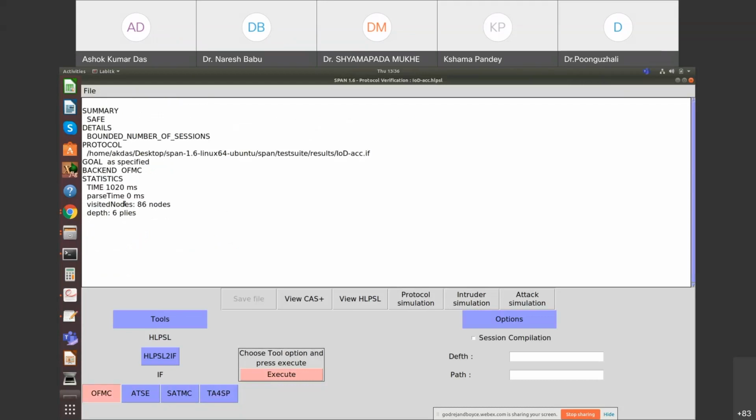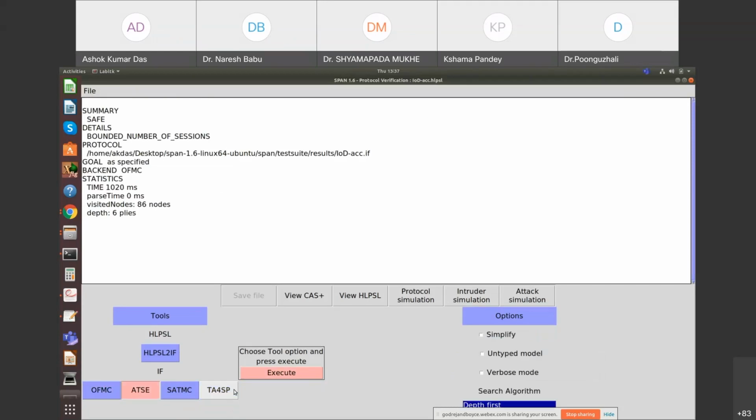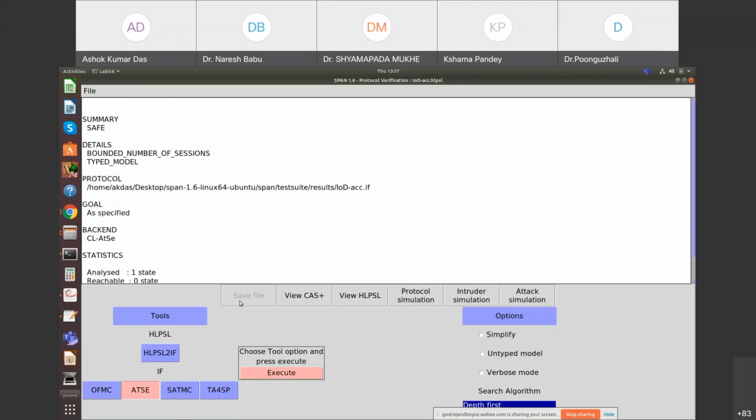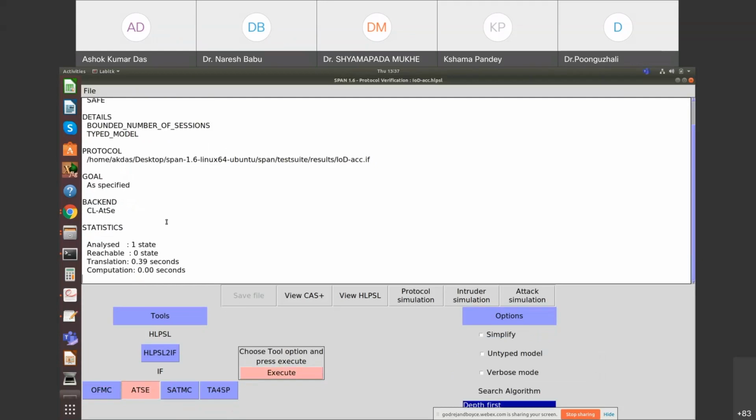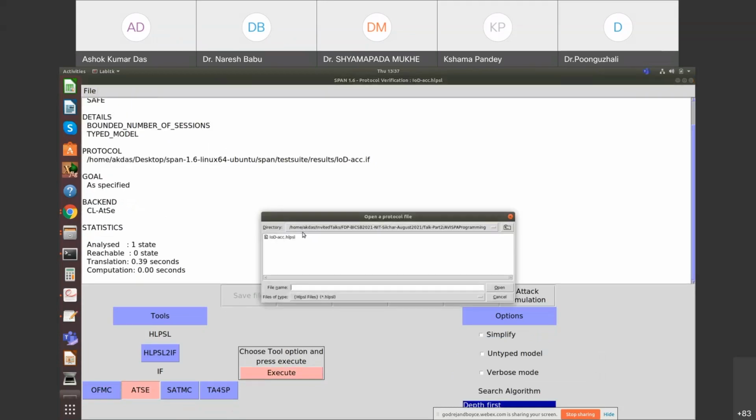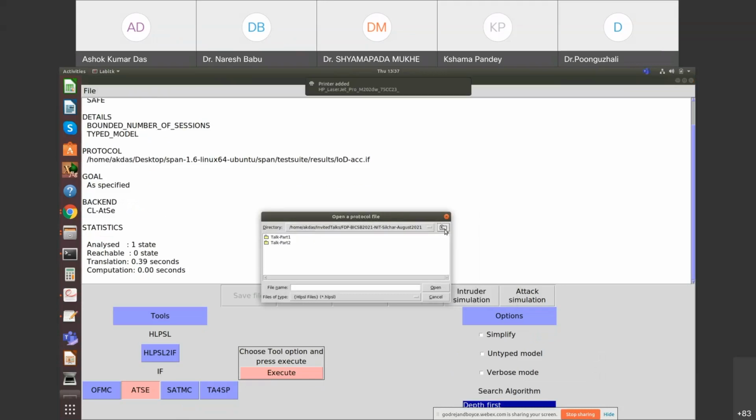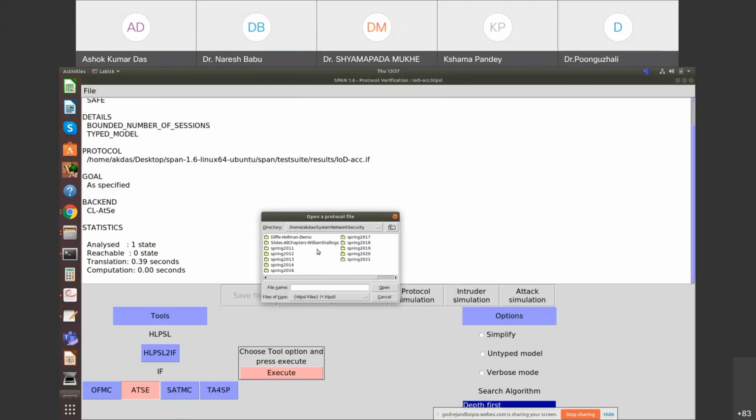The protocol is saved here. It will give the statistics, everything. For ATSE, it will also give the safe result. For example, we also saw yesterday something known as the DPLMN key exchange protocol. We also showed that it was vulnerable to the man in the middle attack.